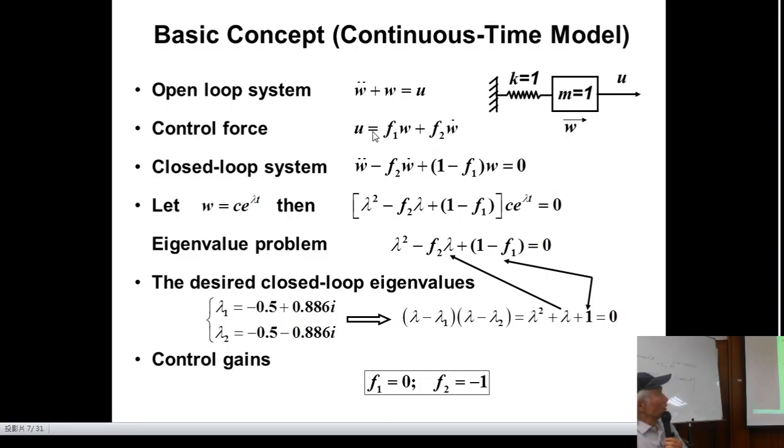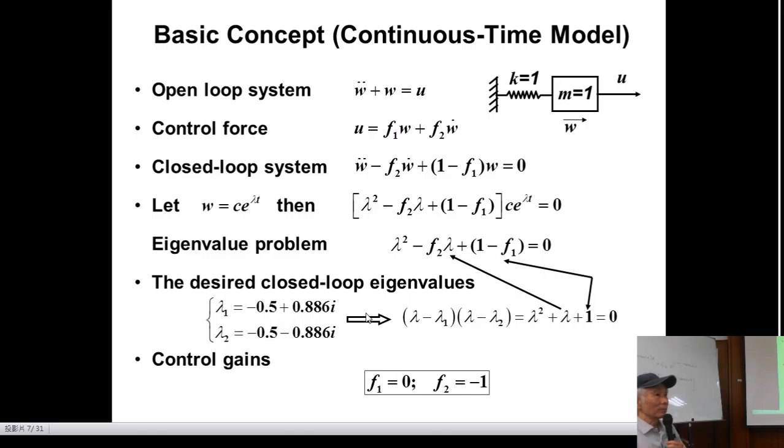So my final input, the control force, will be U equal to minus W dot. It happened to be like that. F1 is not necessarily always equal to 0. Any question about this?